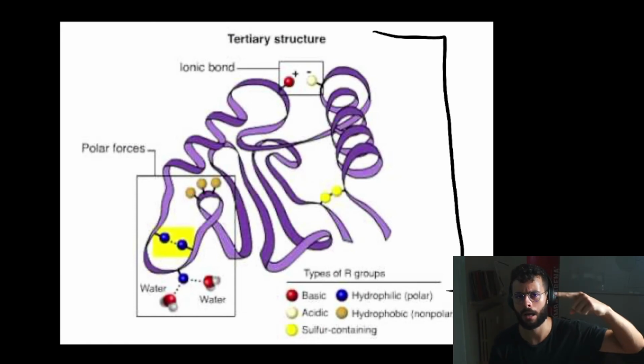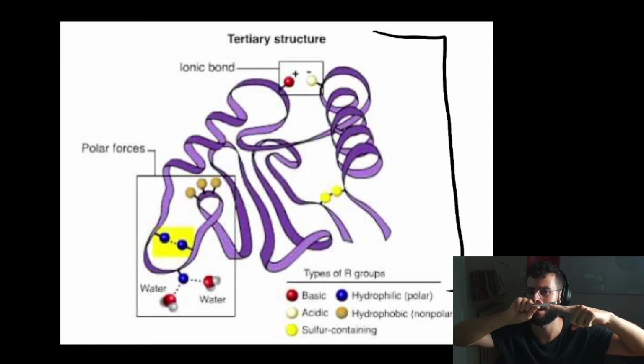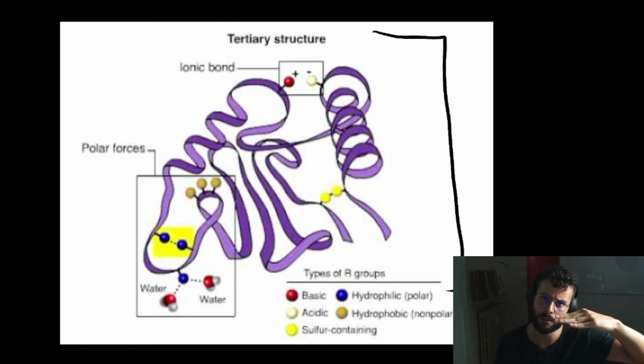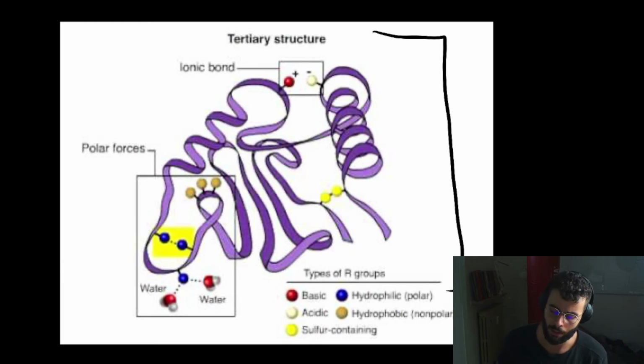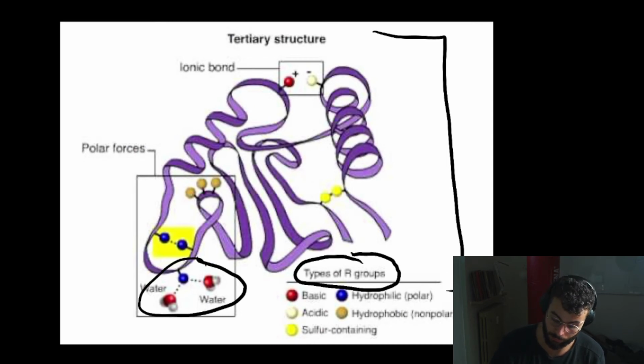While the backbone of the amino acid is quite linear, strict and stable, the R groups can actually rotate around the amino acid and form different and more interactions with different molecules and ions outside the amino acids. So tertiary structure is when different types of R groups interact with each other and also interact with the watery surrounding that we have.